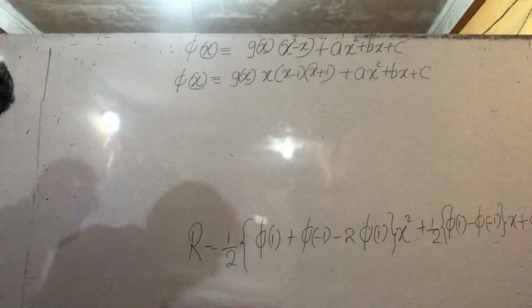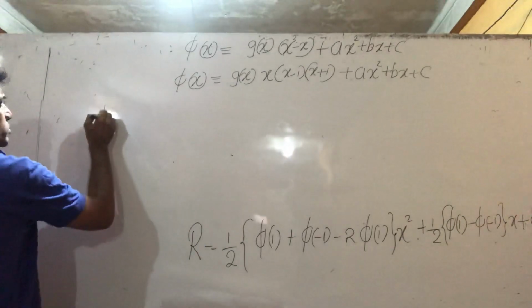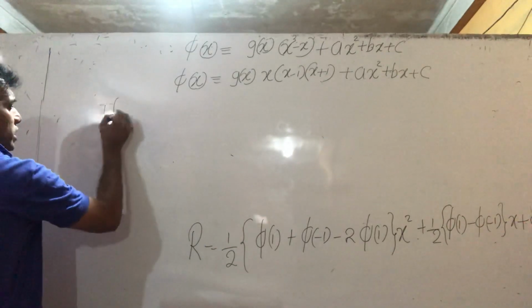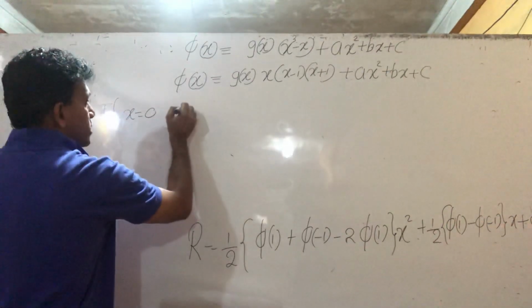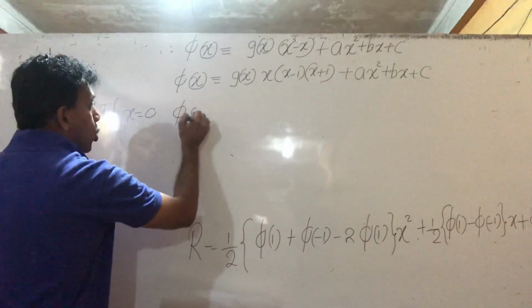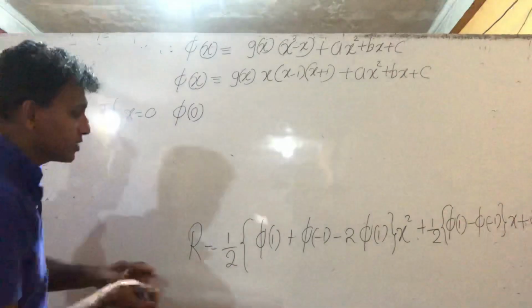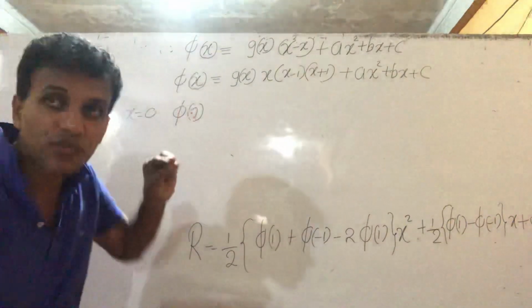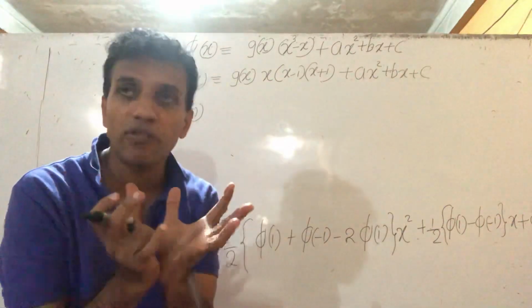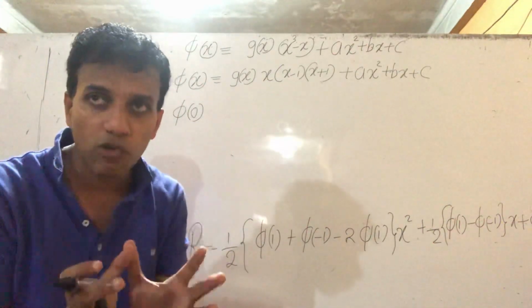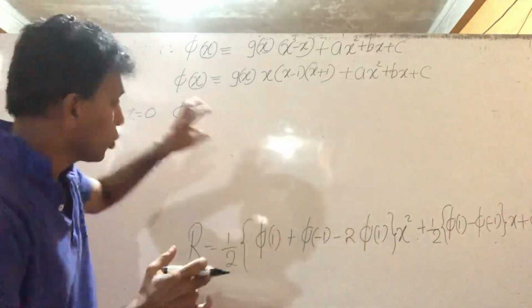So put x for 0. If x equals 0, phi of naught comes here. We don't know the value of phi of naught, that's the symbol form, don't think so much about that, it's the notation part.